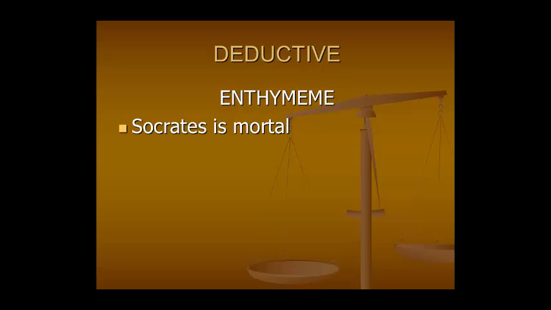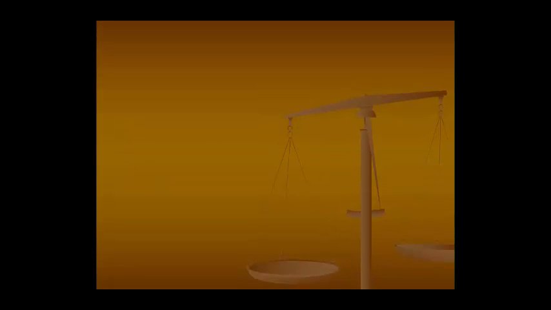In the examples we've used before, Socrates is mortal would be the enthymeme that would come out of that first syllogism example from the 300s BC. And I assume that you can go back and figure out why I'm saying Socrates is mortal. Cigars cause cancer. And of course, I wouldn't do the Betsy is a cow thing because that was an invalid syllogism.